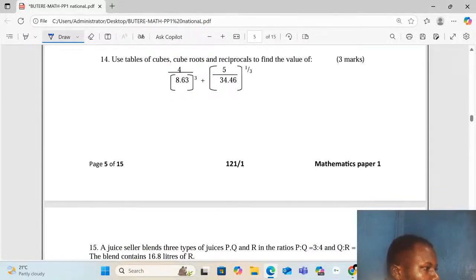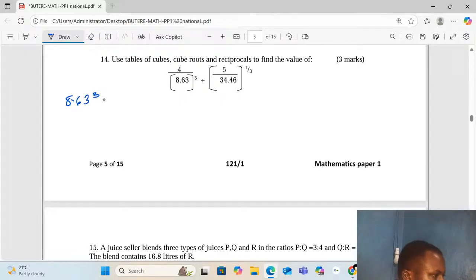Use tables of cubes, cube roots, and reciprocals to find the values of the expression, as you can see on the screen. In this case, we can start with finding the cube of 8.63. So we move to our tables to find the cube of 8.63.